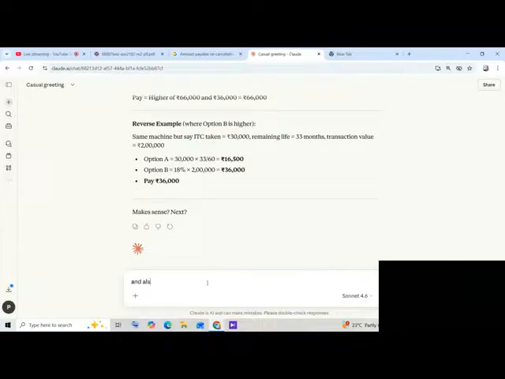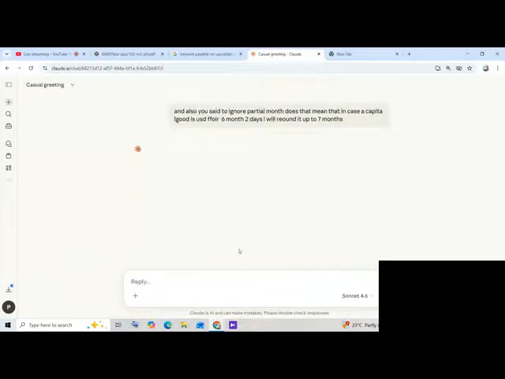And also, you said to ignore partial month. Does that mean that in case a capital good is used for 6 months, 2 days, I will round it up to 7 months when performing the calculation?